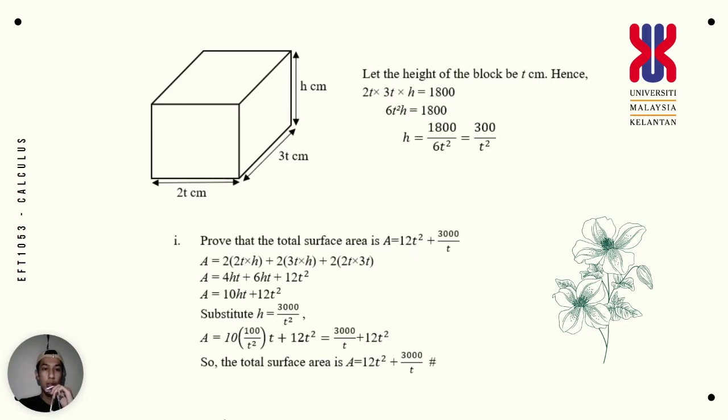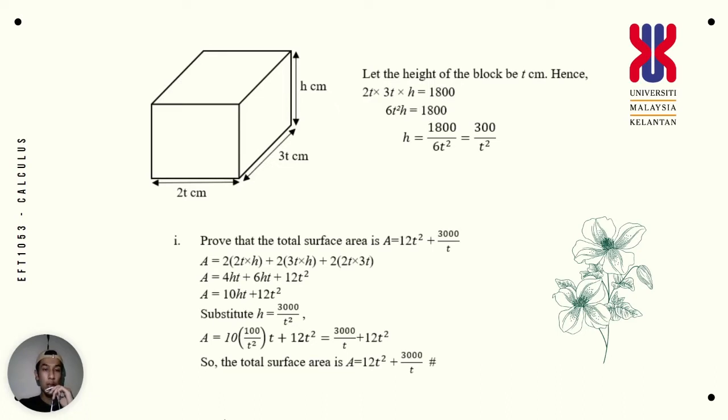So let the height of the block be h cm. The calculation for the volume is 2t times 3t times h equal to 1800. So we get the height is 300 divided by t².